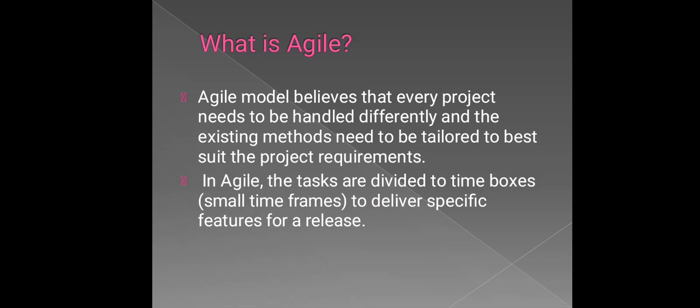In Agile, the tasks are divided into time boxes, small time frames, to deliver specific features for a release. So basically, rather than dividing our whole system into steps, we have divided our whole system into small time frames, and these time frames are then repeated or iterated.